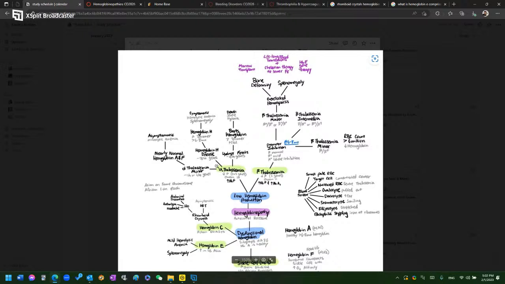You're going to end up having a low enough alpha count where instead of hemoglobin A at low quantities, you'll start forming hemoglobin H, which is a tetramer of beta. So I can write this all out in a minute.